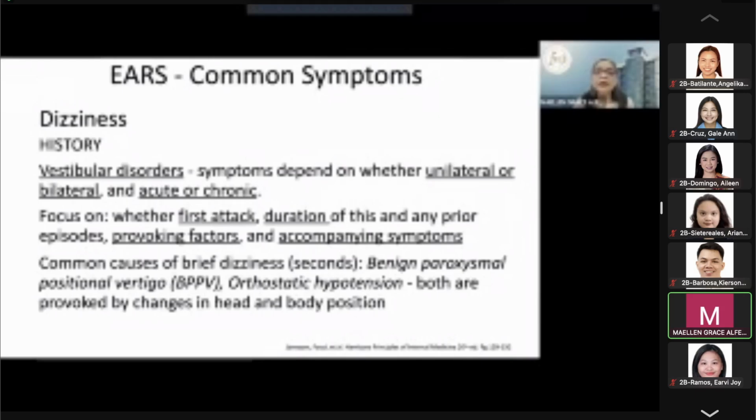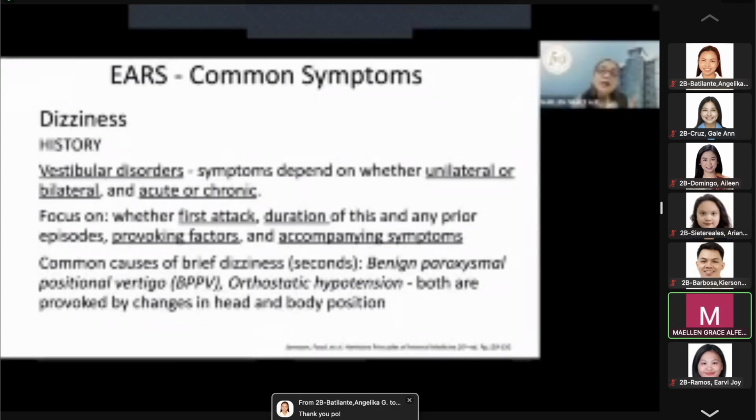You have to know whether it is unilateral or bilateral, and if it is acute or chronic. You have to focus on whether it is a first attack or if it is several episodes already. You have to know the duration. Is it getting longer? What are the provoking factors? What are the accompanying symptoms?